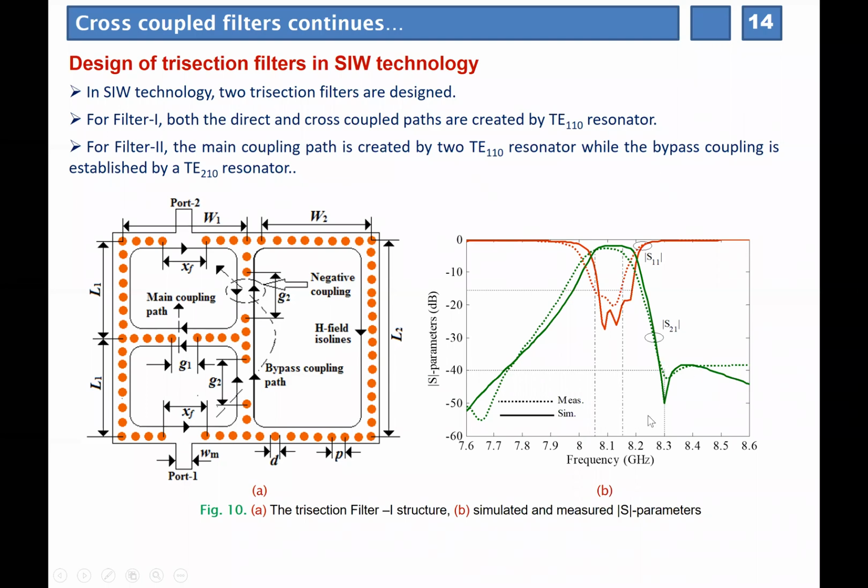So in the response, you can see the transmission zero at the higher stop band. But if you follow this similar structure in microstrip line, you will get it in the lower stop band. Why? Because that is the difference between the microstrip resonator characteristic and the SIW resonator characteristic.